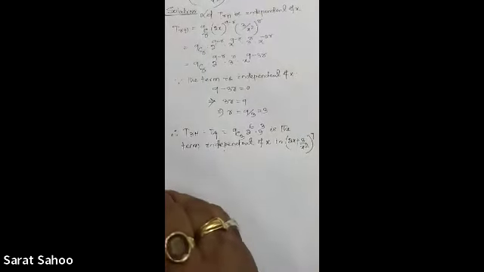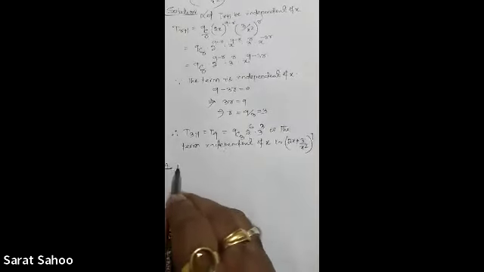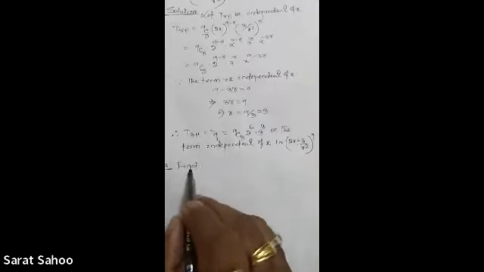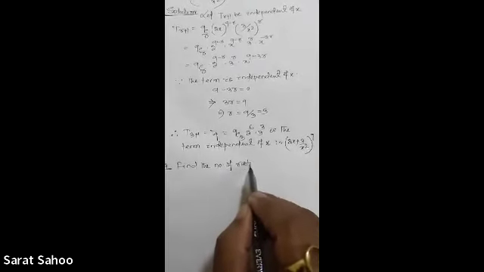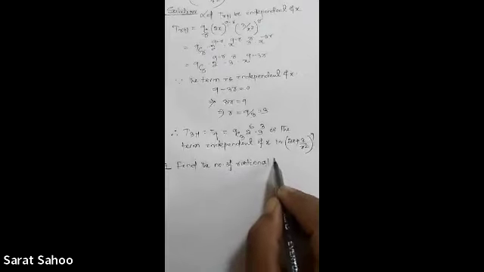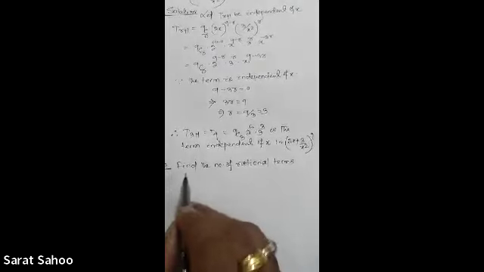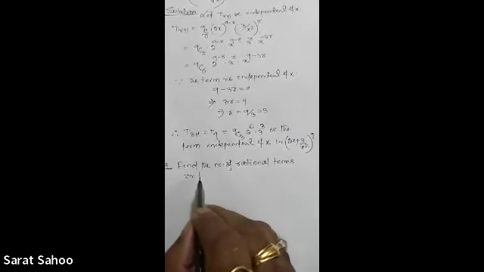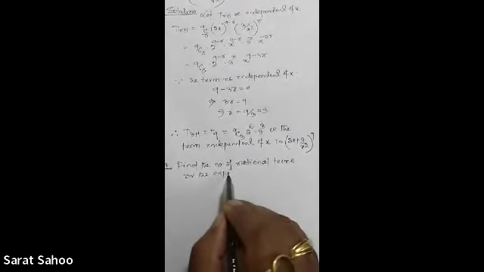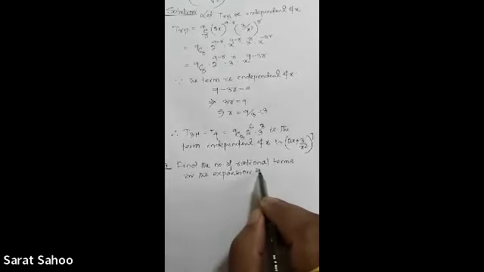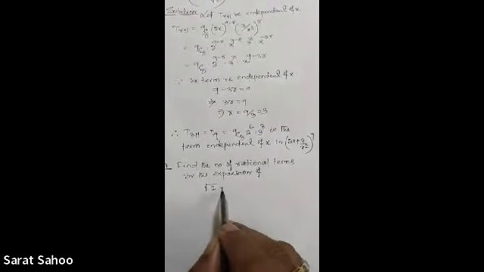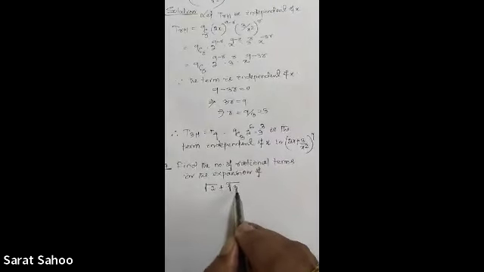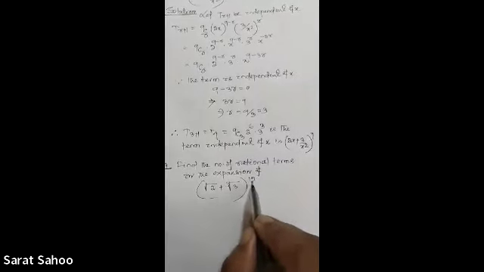Next question, find the number of rational terms in the expansion of (square root of 2 plus cube root of 3) raised to the power 12.